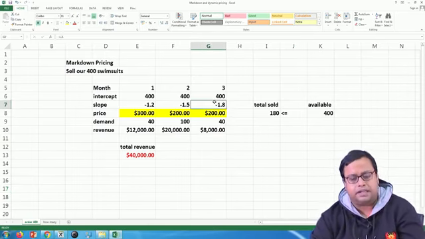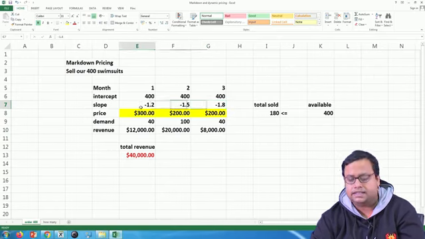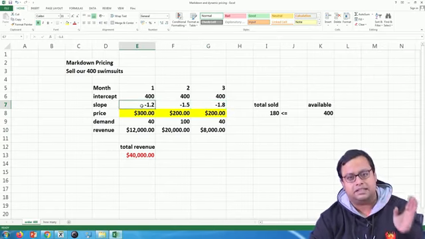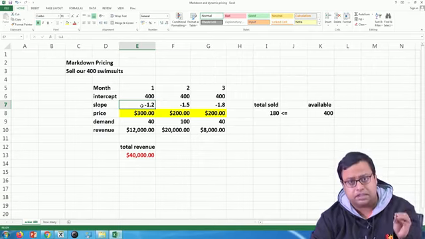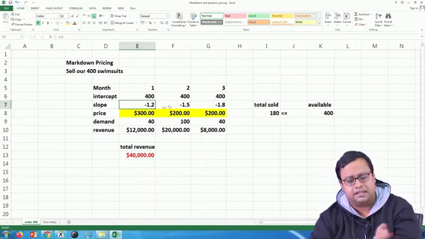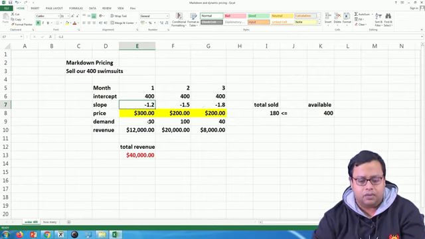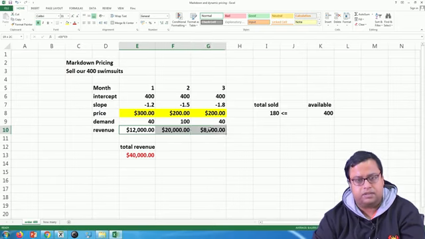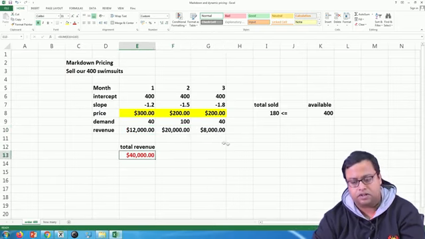These are more price sensitive at minus 1.8 and these are less price sensitive at minus 1.2. People who are less price sensitive will come during the summer season, and off summer season these people will come. This is the demand and this is the revenue, with the same formula, and the total revenue is the summation of this.